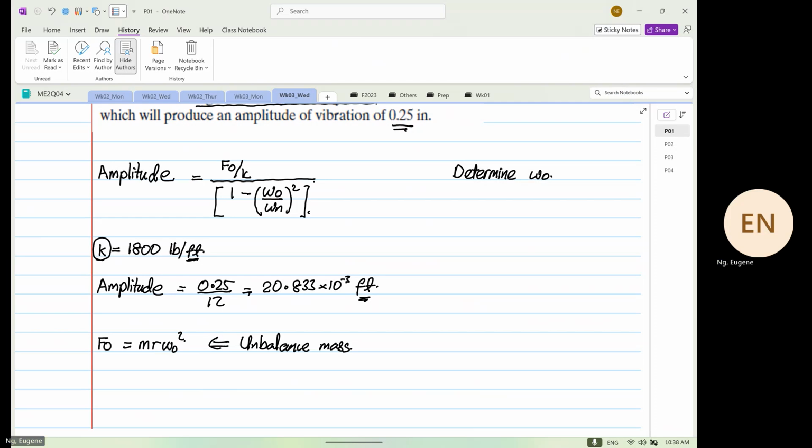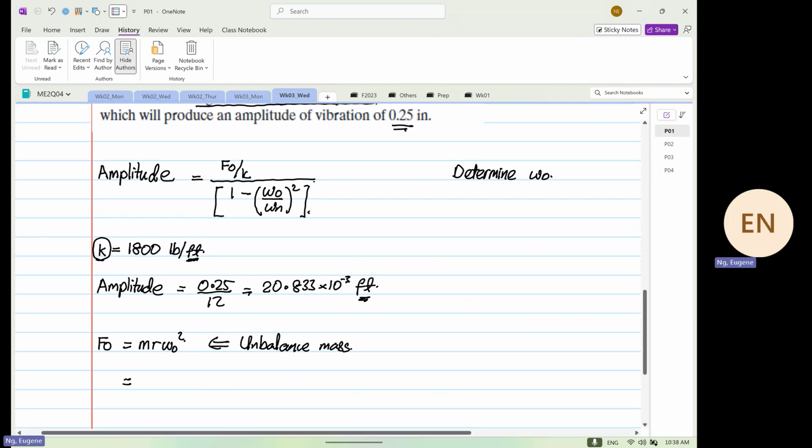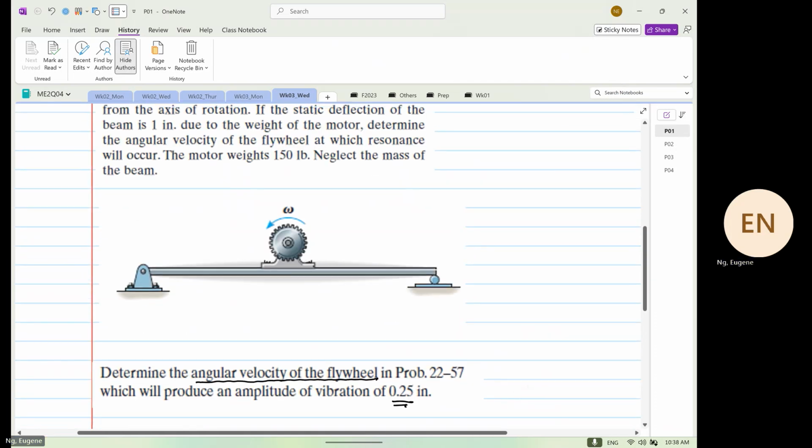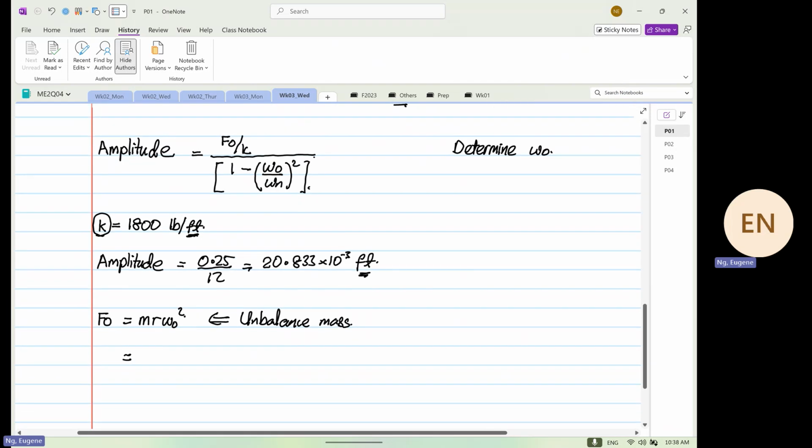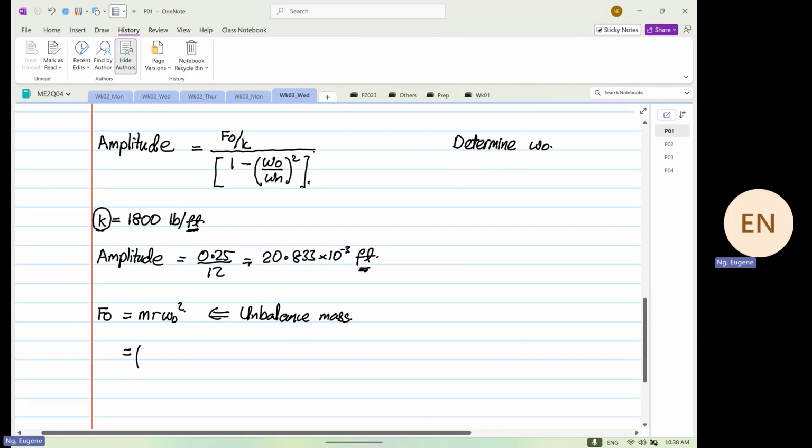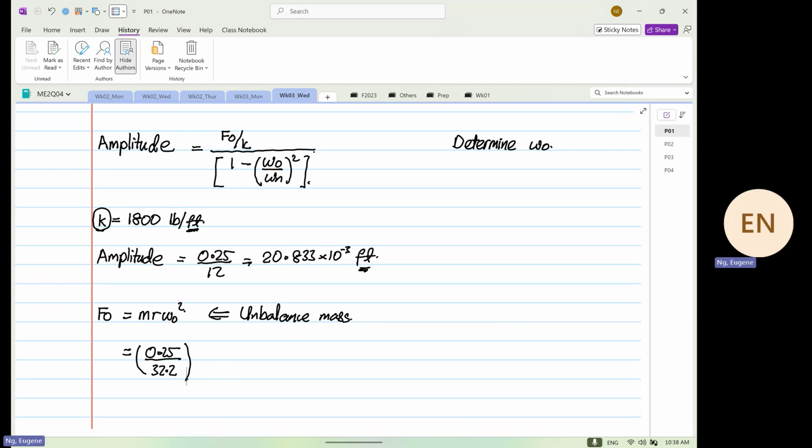So this will be equal to the unbalanced mass, given to us as 0.25 in weight. So convert to mass: 0.25 divided by 32.2. Then multiply by the radius. The radius is 10 inches. We have to convert this to feet also.